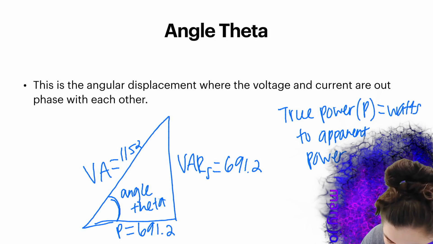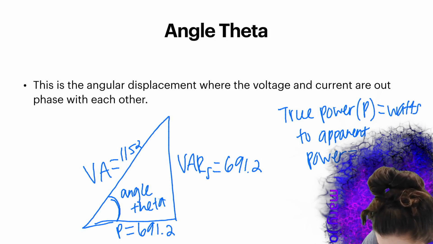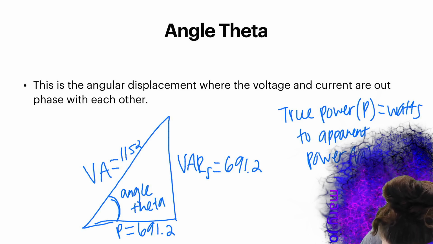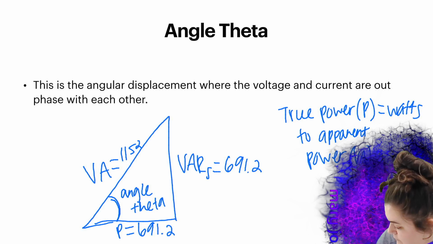And we know that apparent power equals VA. And so, yeah, apparent power equals VA.